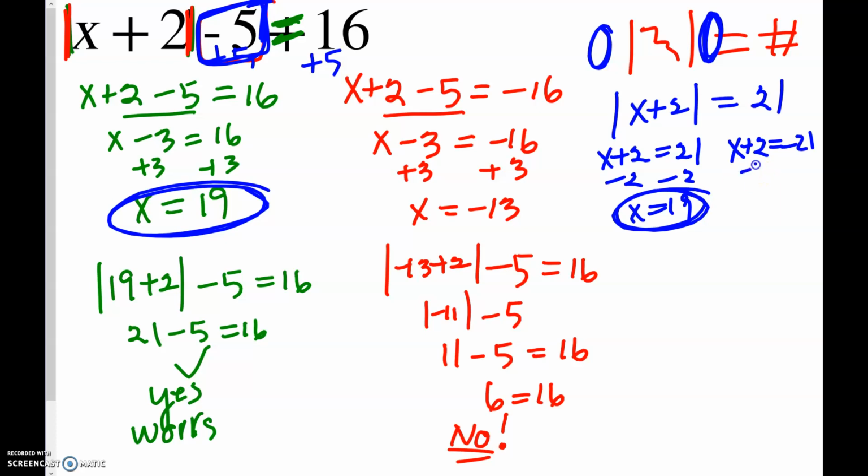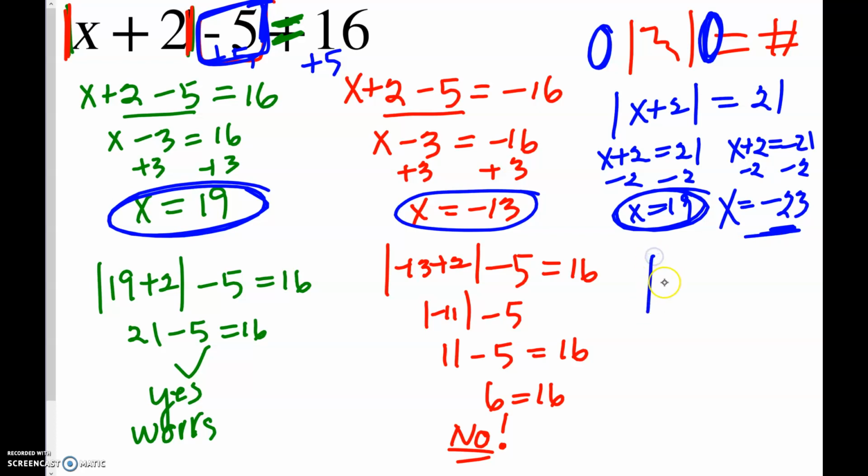So now if we subtract 2 and subtract 2, we get x equals negative 23. That is not the same answer that we got in red. In red, we got x equals negative 13. Now I'm getting a negative 23. Well, let's see what happens when we plug in negative 23 plus 2 minus 5.